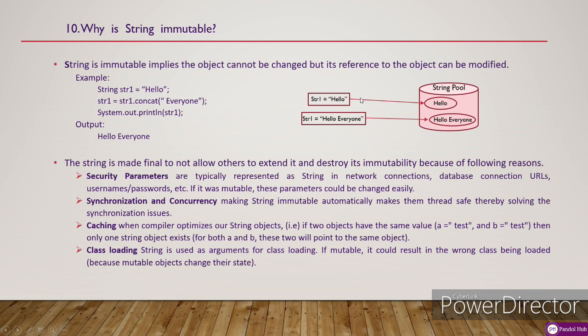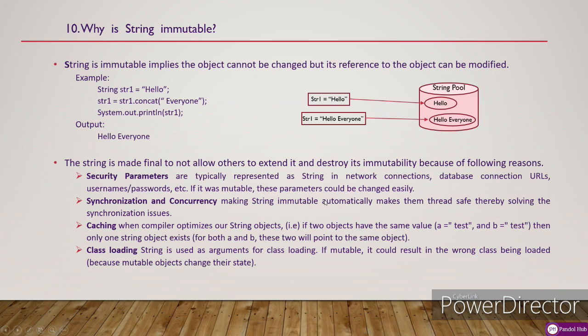So here, instead of modifying the existing value inside the string pool, it creates a new value in the string pool and then updates the reference of the existing variable. This way, once an object has been created in the string pool it will not be modified, but if there is a change in an existing value, a new value will be created and the reference of that string variable updated.